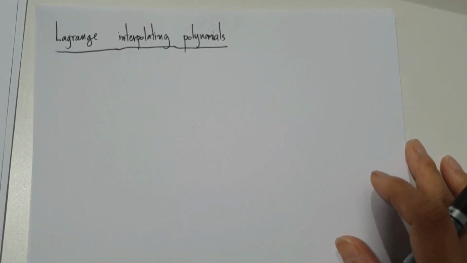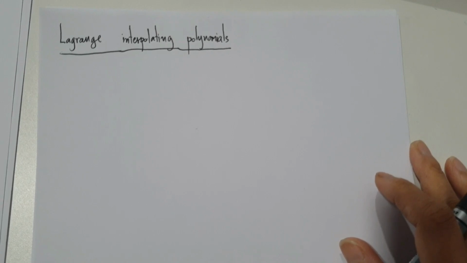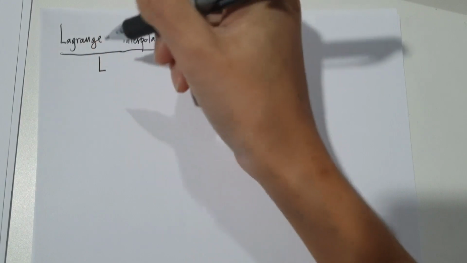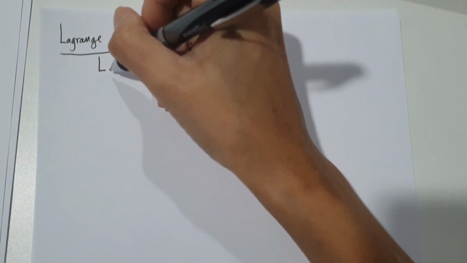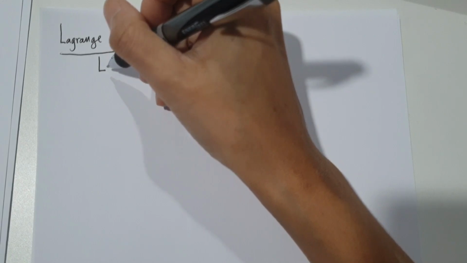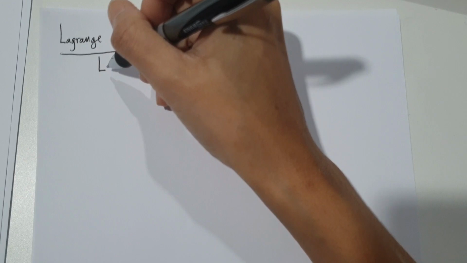Alright, for the Lagrange interpolation techniques, it's similar to the Newton divided difference in that it has a general form that we can use as a formula for approximating a function that describes the relation between data points.